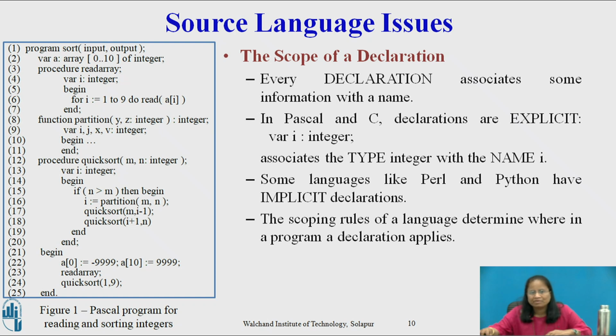Two occurrences of the variable i on line 6 are in the scope of the declaration on line 4, while three occurrences of variable i on lines 16 to 18 are in the scope of the declaration of i on line 30.